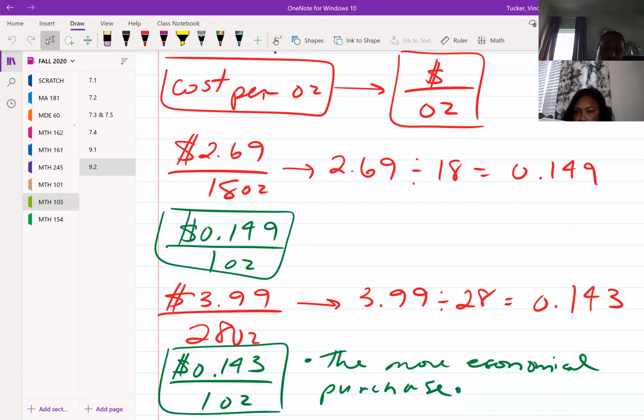And that'll give you 0.143. So since the $3.99 per 28 ounces shows that we're only going to pay $0.143 per ounce, that is the more economical price, paying the least amount.